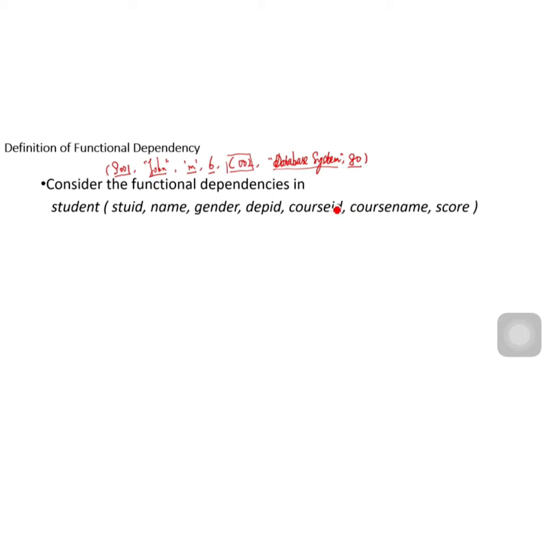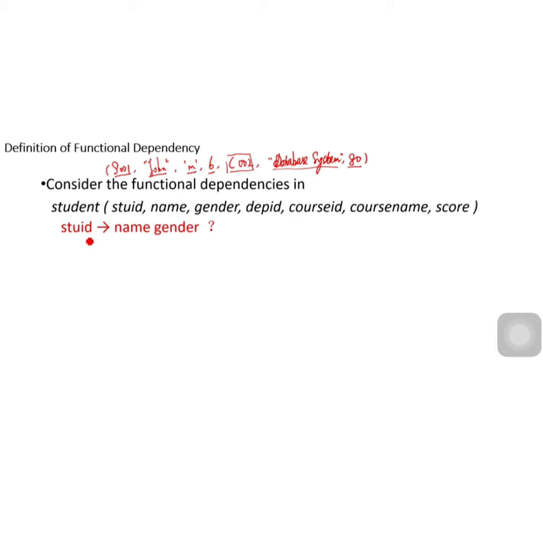Okay, based on this requirement, let's assert this. Does student ID functionally determine name, gender hold? Okay, then let's consider it. If any two tuples have the same value on student ID, then these two tuples are about the same student.